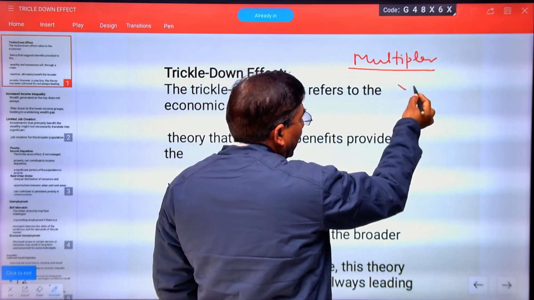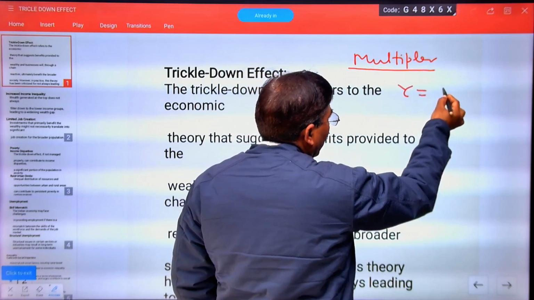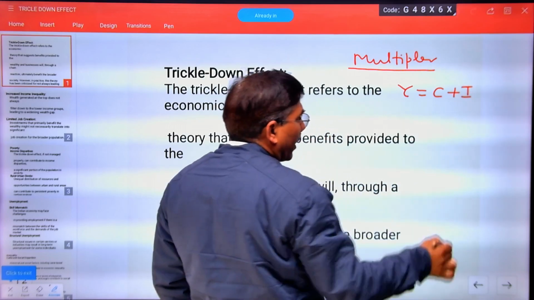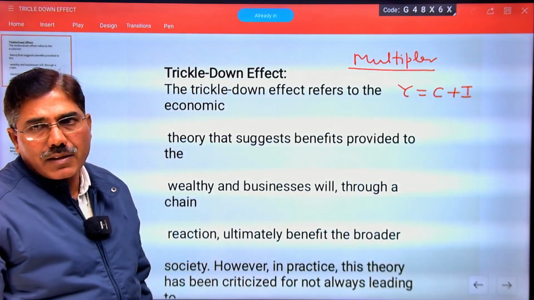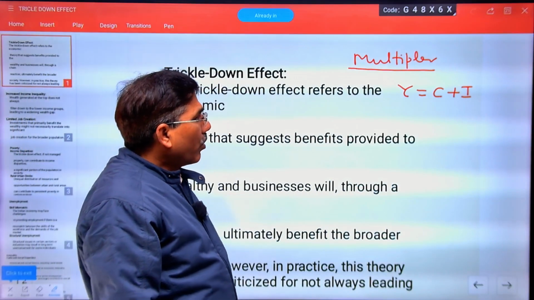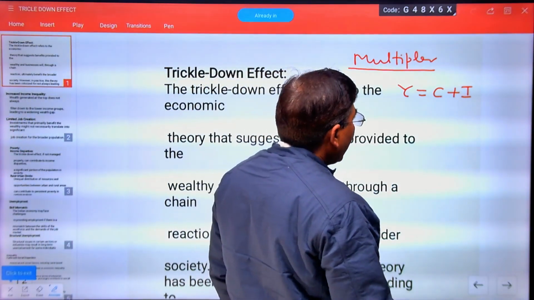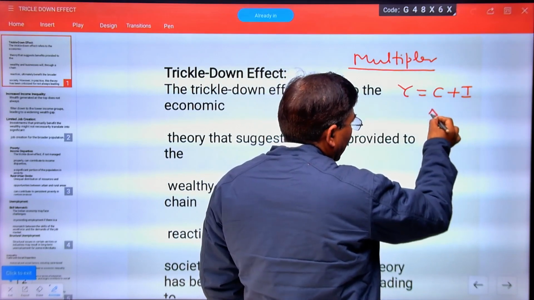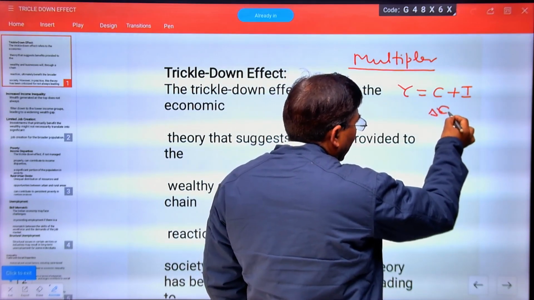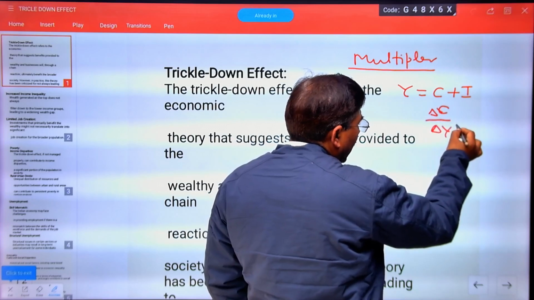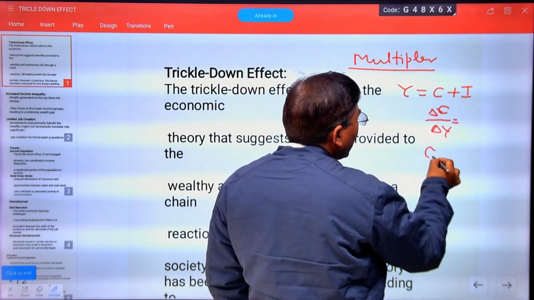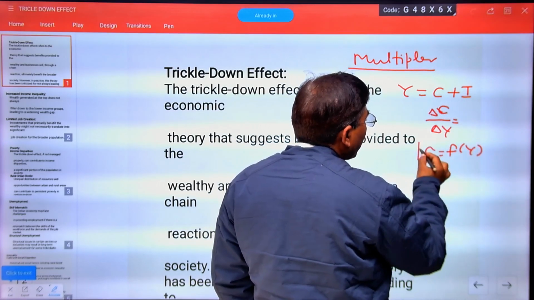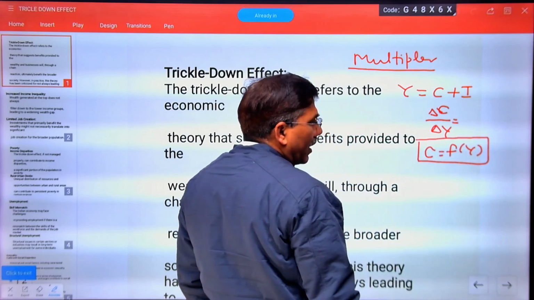You know the national income, that is Y = C + I, consumption plus investment, meaning when we add up the two variables, consumption and investment, that sum is equal to national income. And if there is a change in national income, then it also changes the consumption of the society, as consumption depends on national income.